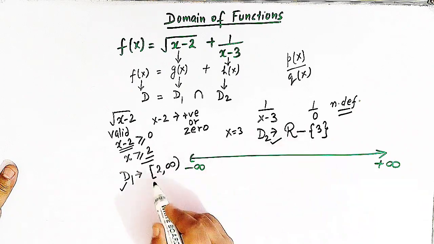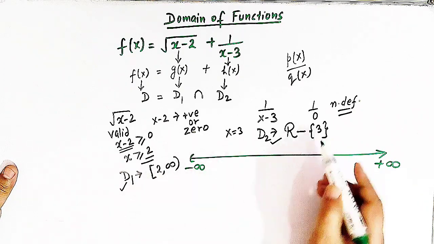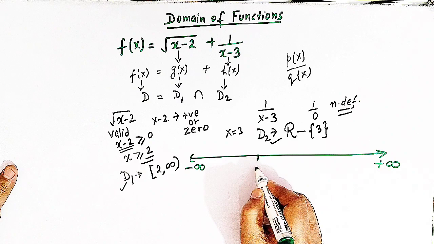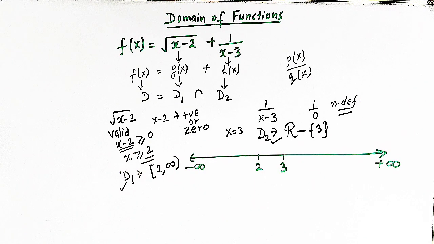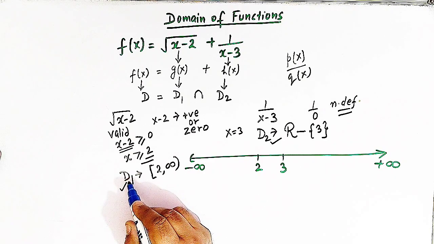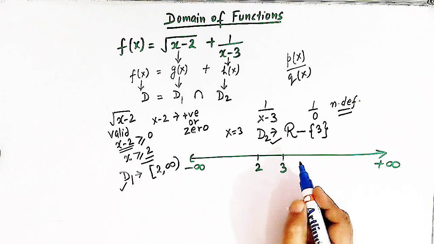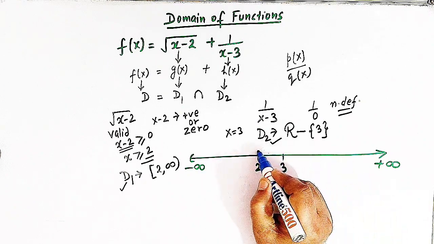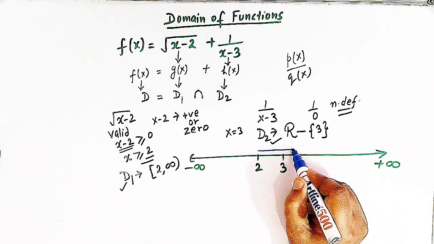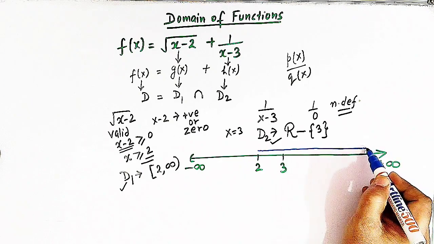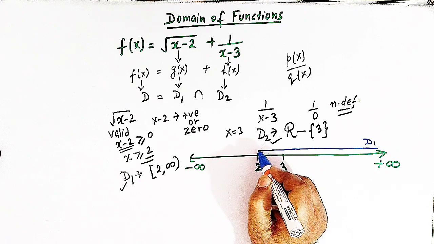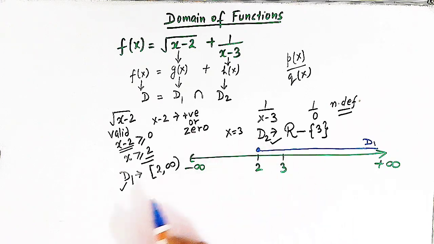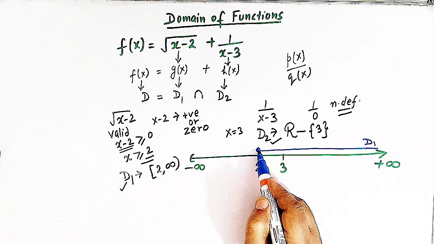So let us plot the points 2 and 3, and here we have 2 and here we have 3. So let us first represent d1. So d1 is from 2 to infinity. So we'll go like this. So this is the region which represents d1. So this is the domain d1, and remember here this 2 is included, right?